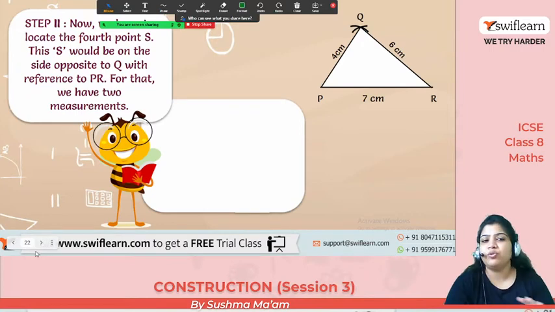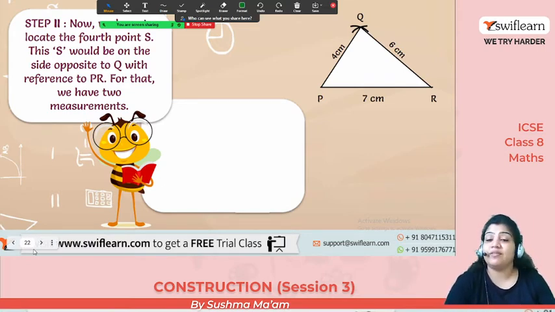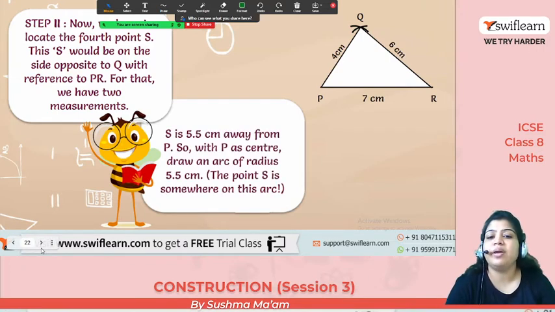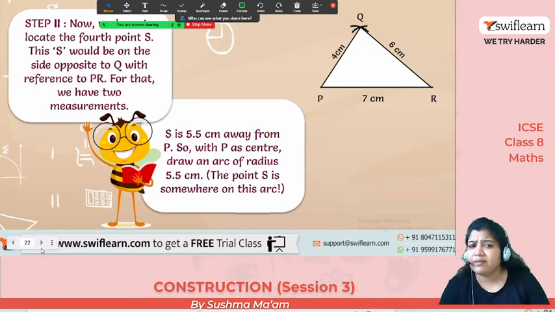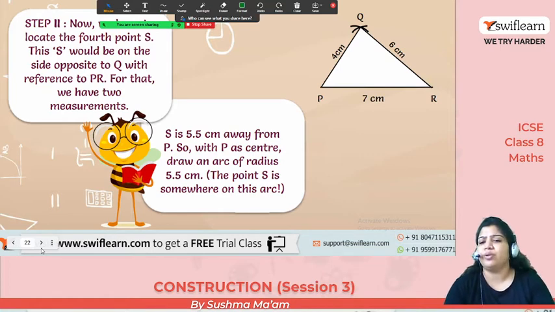So step number 2 is, now locate the fourth point, that is S. S is exactly opposite to Q. It's a quadrilateral having the 4 sides. Similarly, S is 5.5 centimeter away from P. So no need to write down all these things. Whatever construction you are doing, you can just do that; that is only for your explanation.